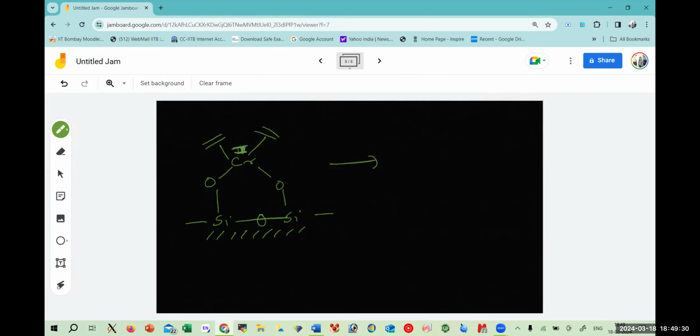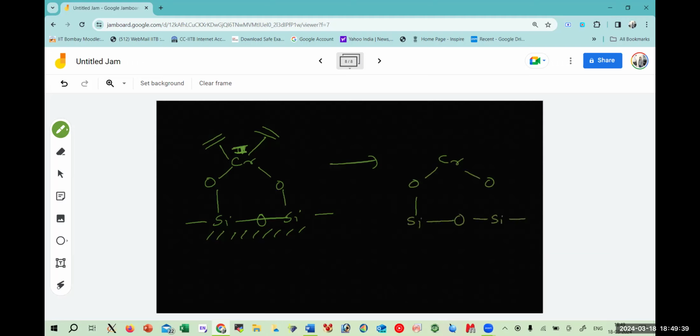It can be rearranged to form this chromium five-membered metallacycle structure. So here it would form CH2, CH2, CH2, and CH2. This is the alpha hydrogen, and this is the beta hydrogen.